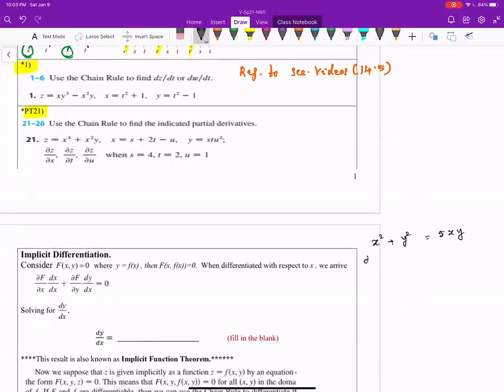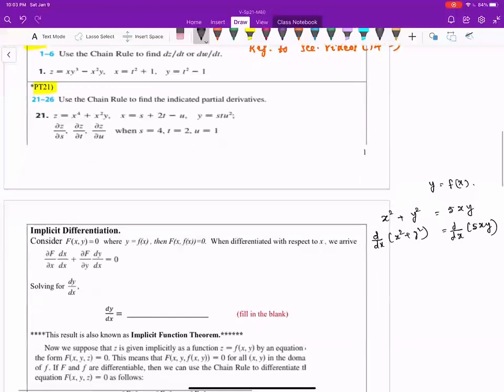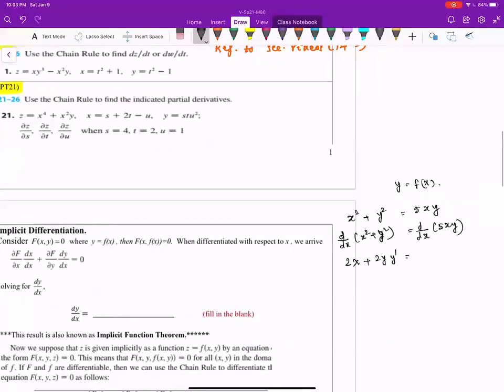We take the derivative on the left hand side and the derivative on the right hand side, treating y as a function of x. Then you will get 2x plus 2y, and because y is a function of x, you have to consider y prime.